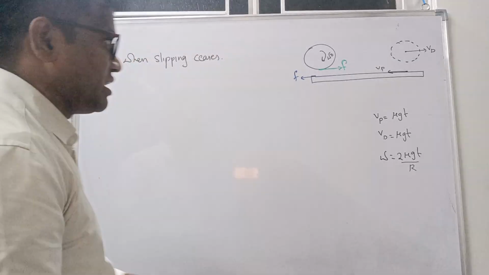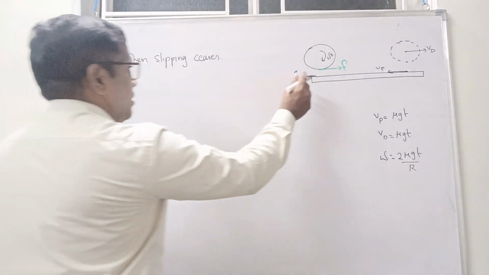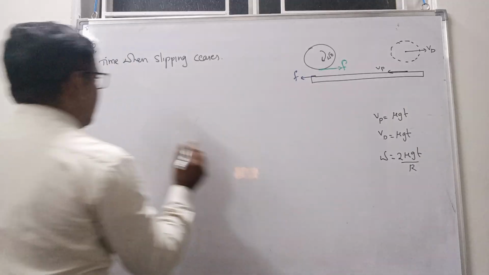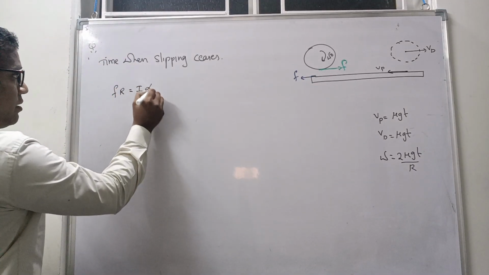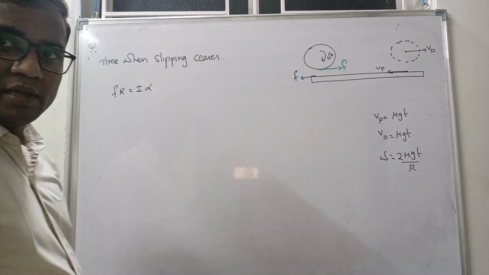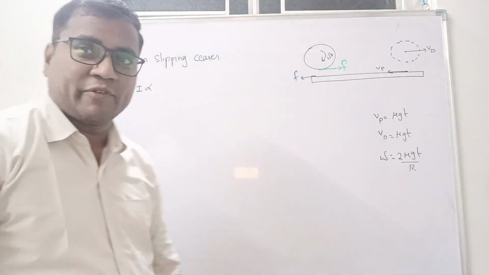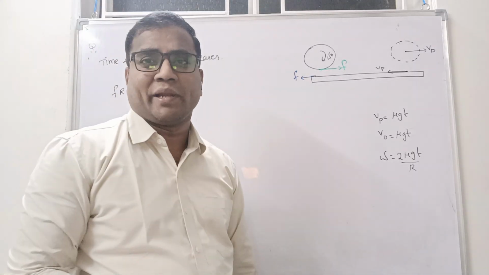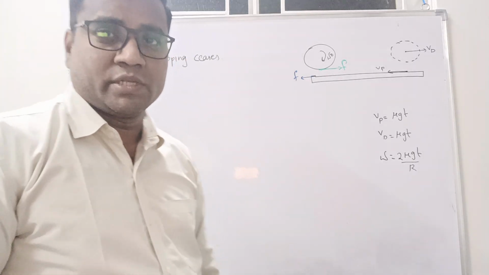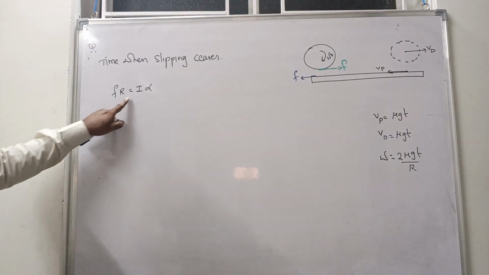Now we will see rotational. Torque is equal to I alpha. Here torque is nothing but force into perpendicular distance, and the force is the frictional force. So I will write frictional force into R is equal to I alpha.